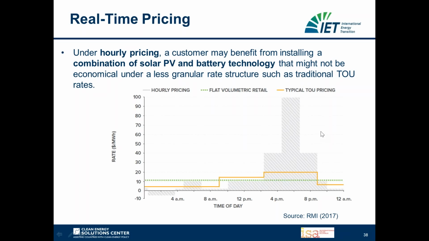Or if the peak is maybe an hour or two later than the peak output of your solar PV plant, you might combine the solar PV system with a small battery, and this way avoid a lot of the usual electricity payments that you would have during the day. So these would be the arguments for such real-time pricing.